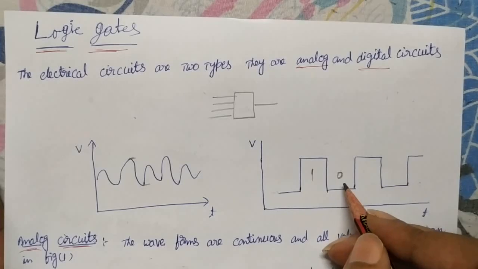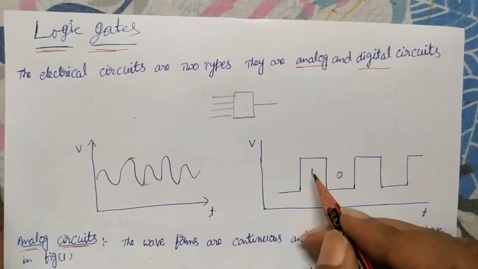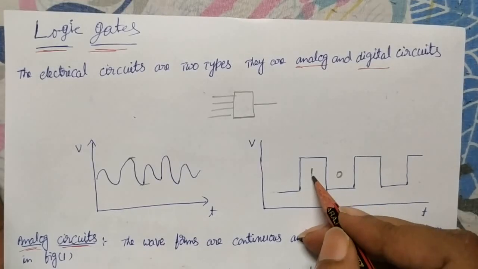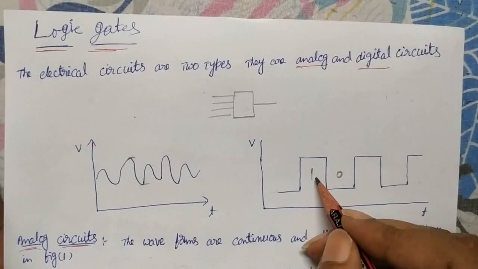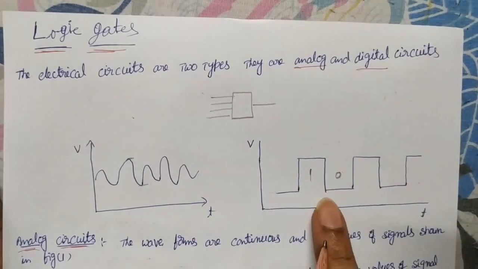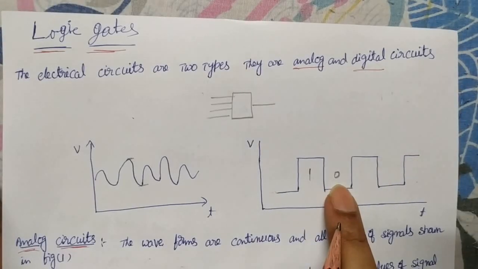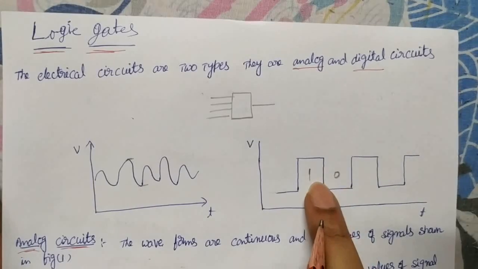We can say low, 0, no current is flowing. High means current is flowing and high potential, true, that is 1. So in digital communication or digital circuits, the process is done with two discrete signals only, that is 1 and 0.